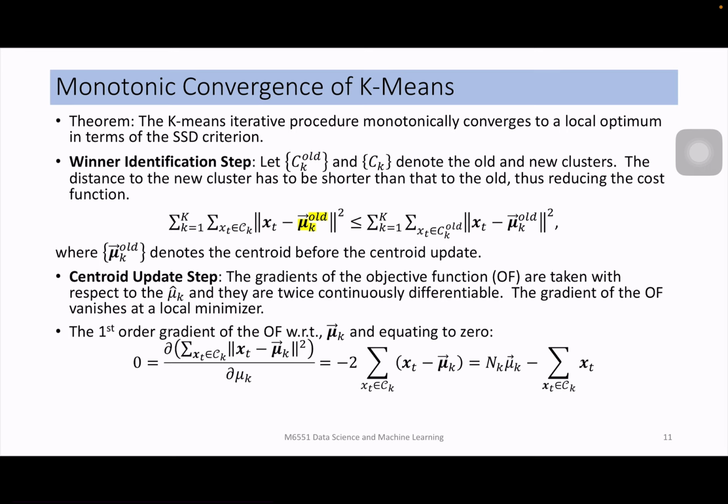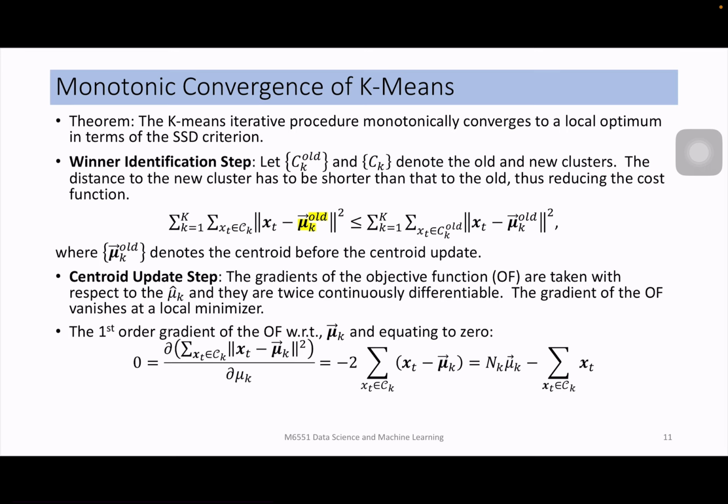So the summation over k equals 1 to K and xt encompassing Ck new of the norm of xt minus mu k old squared is less than the same summation over Ck old. The only difference is the Ck new and the old, so that it has to be the identification step of k-means, where mu k old denotes the centroids before the centroid update.